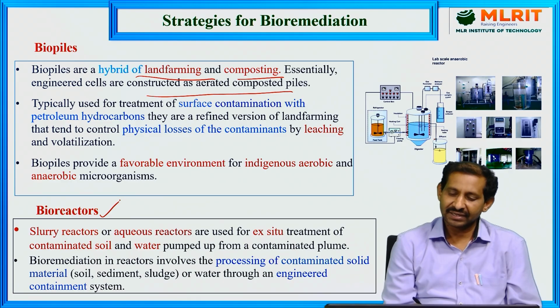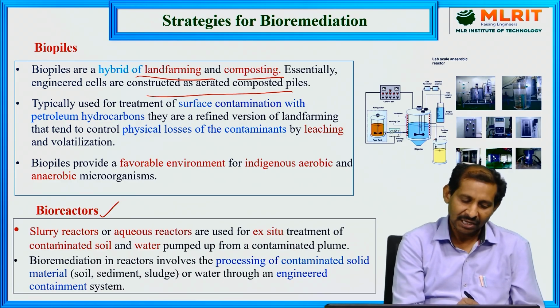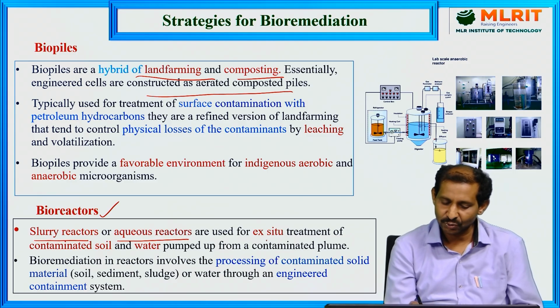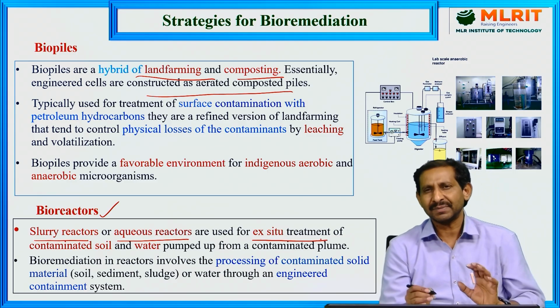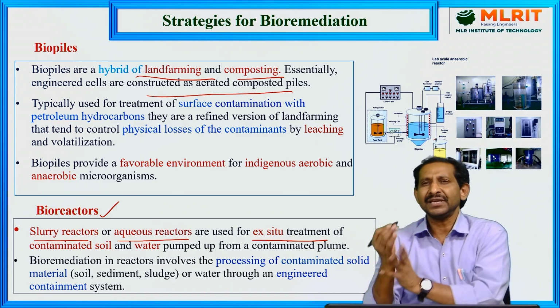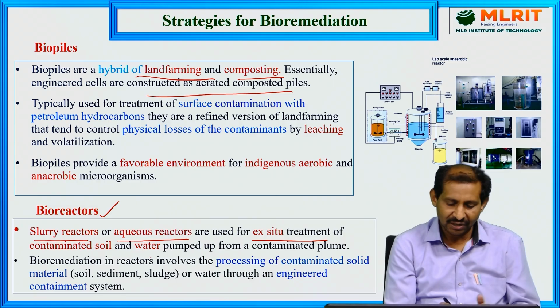Next are bioreactors. In ex-situ treatment, bioreactors are one of the major important techniques. Slurry bioreactors or aqueous reactors are used for ex-situ treatment. Ex-situ treatment means the contaminants are collected from the site and used in different types of reactors.